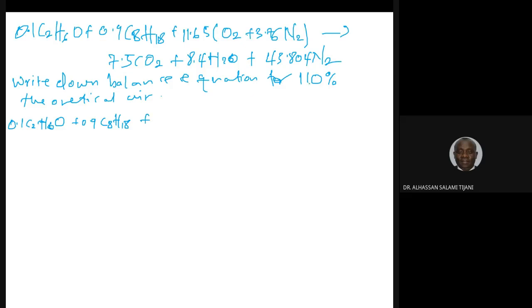now 110. Be careful over here. When we say 110% theoretical air, or stoichiometric air, it is equal to 1.10. So we're going to multiply 1.1 by the air over here.